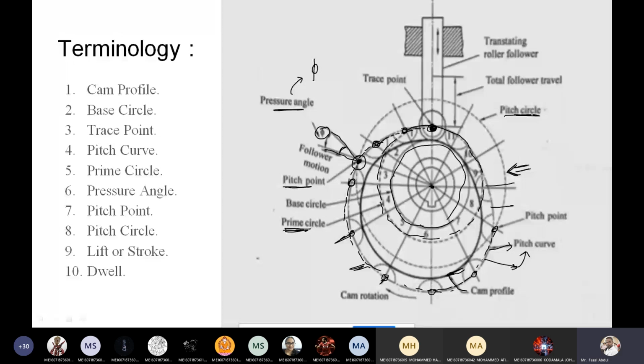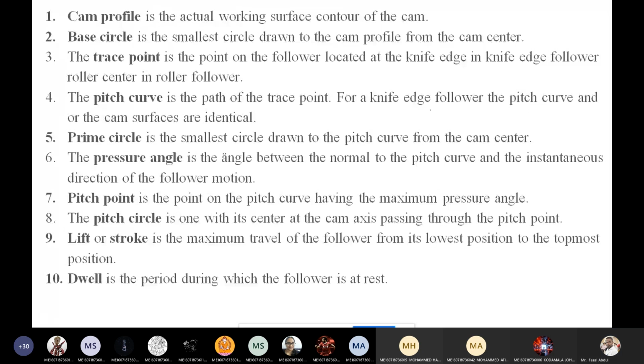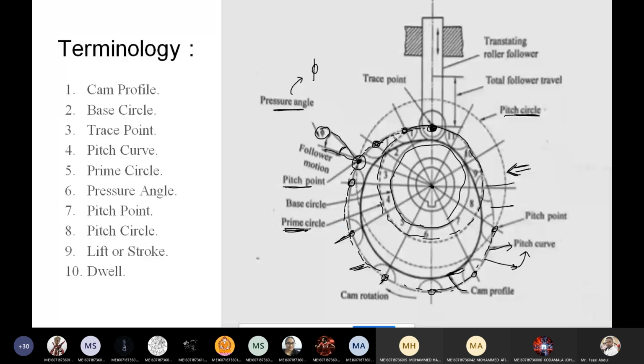The pitch circle is the one with its center at the cam axis passing through the pitch point.